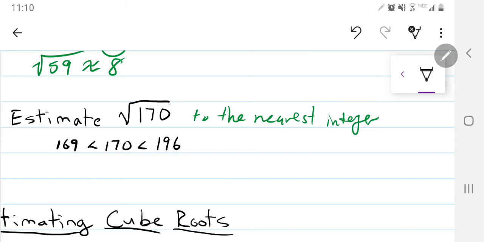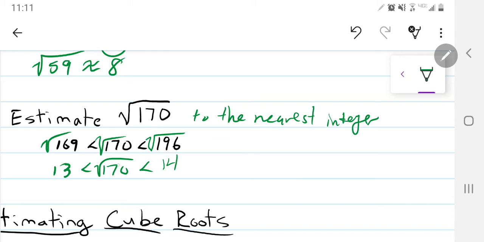All right, so then I'm going to root all these to show that the square root of 169 is 13. Square root of 170 is in between these two, and the square root of 196 is 14.